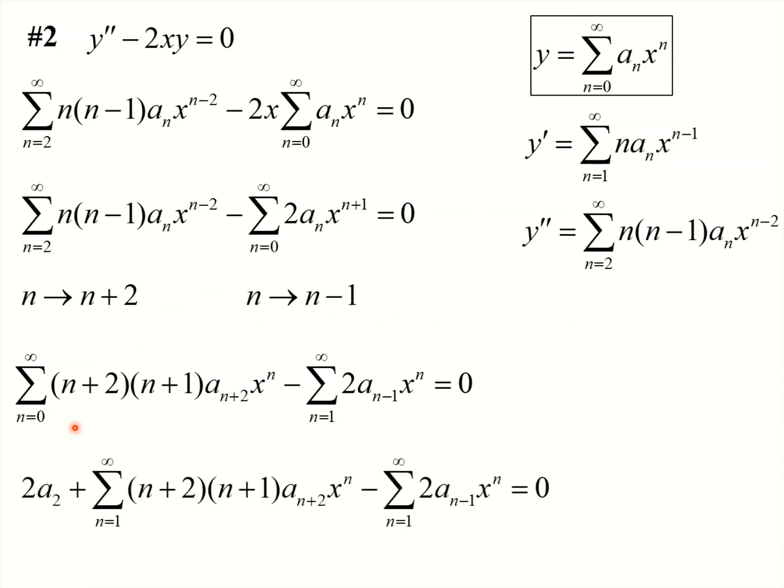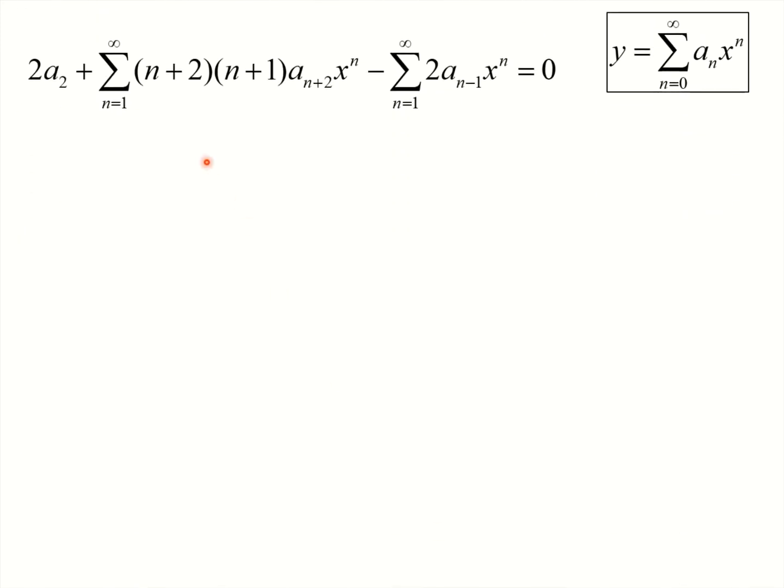That's all I did, was write out the first term. Now I'm going to rewrite this, maybe because we've run out of room. I've rewritten this. That's exactly what we had at the bottom of the last slide.